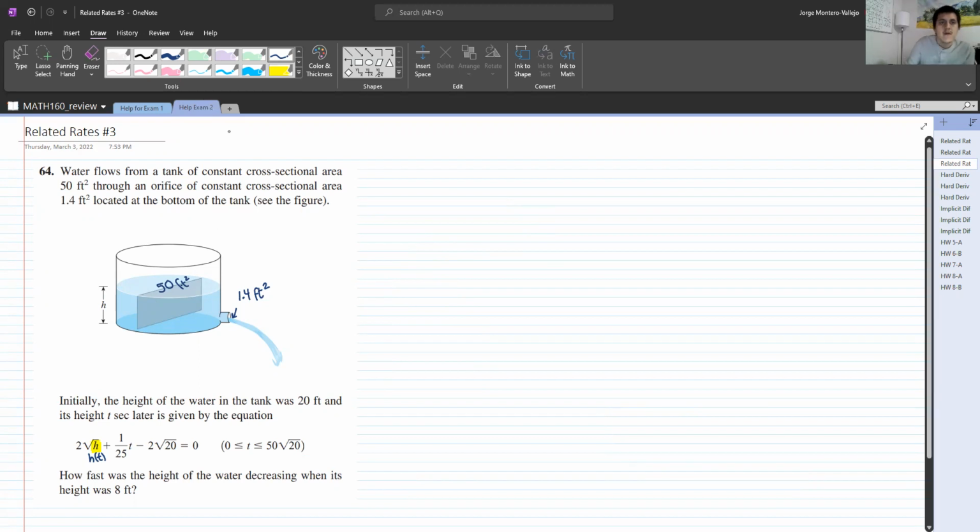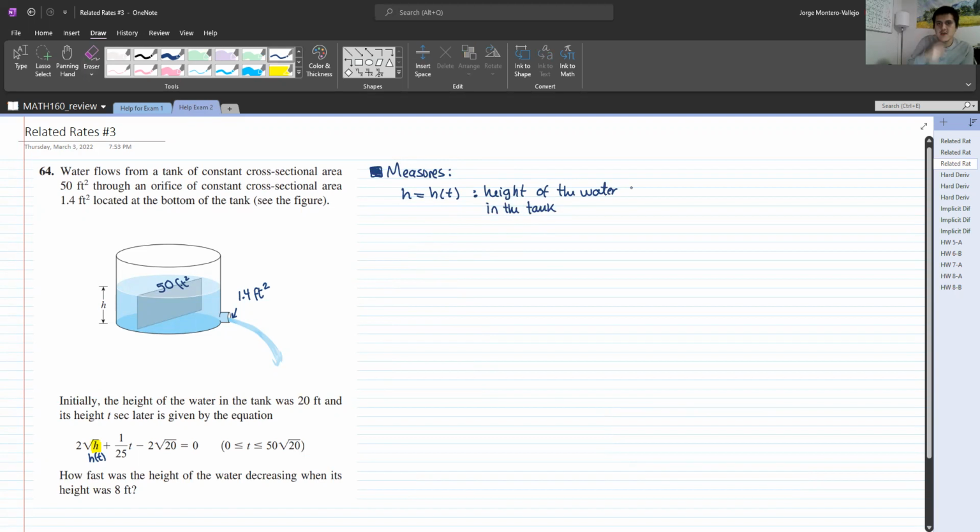Okay, so as we have been doing, we want to go ahead and write the measures that matter, right? So measures. The problem is about the height of the tank. So of course, h matters, right? h or h of t. This is the height of the water in the tank.